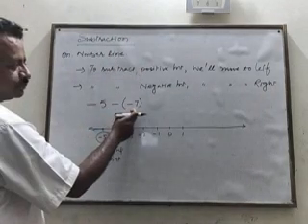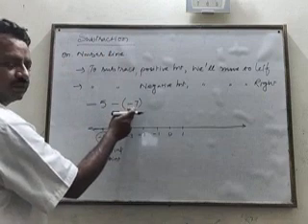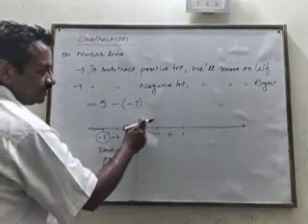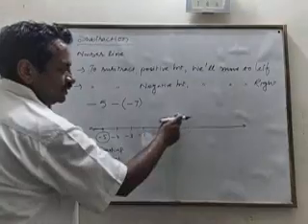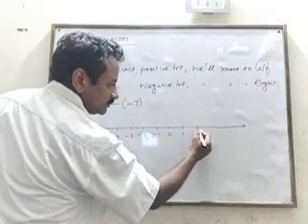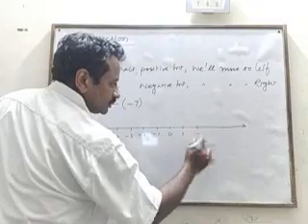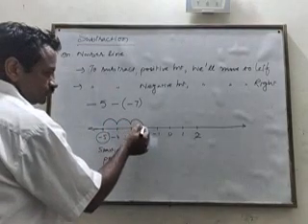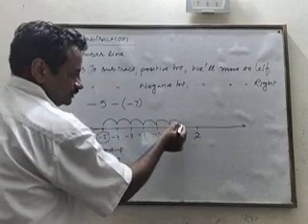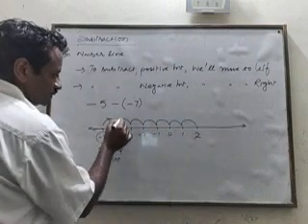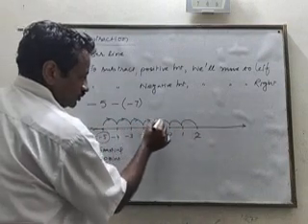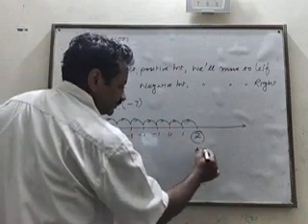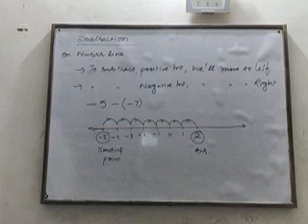So 7 steps, because we are subtracting a negative integer. 7 steps: 1, 2, 3, 4, 5, 6, 7. So 7 steps we will go to the right. So the correct answer will be 2. This will be my answer on the number line.